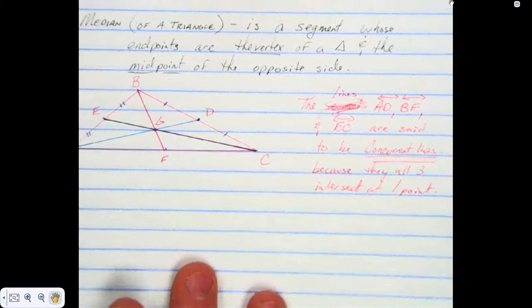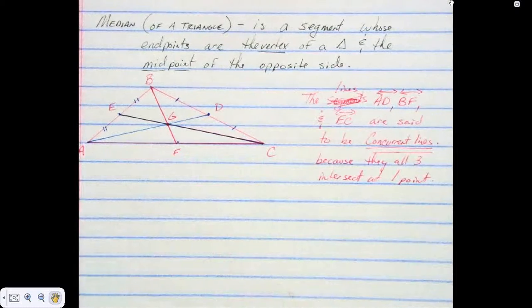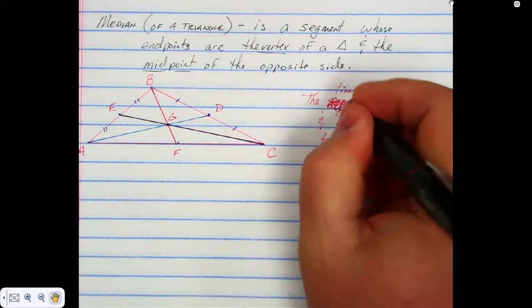My bad. These are said to be concurrent lines because they intersect at one point.